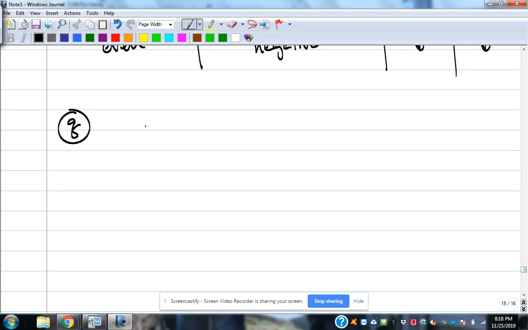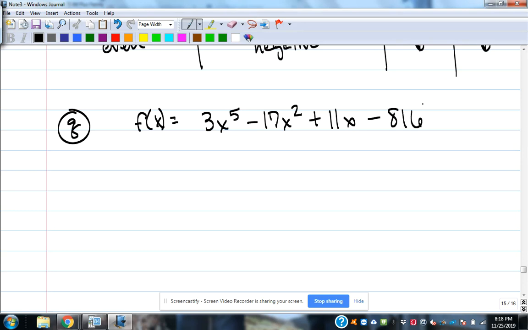All right, so here's a polynomial. F of x is equal to 3x to the 5th minus 17x squared plus 11x minus 816. If you're talking about end behavior, the only part that even matters is the first term.